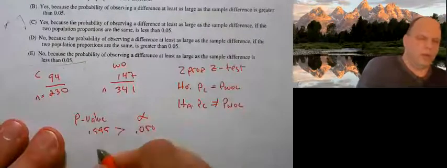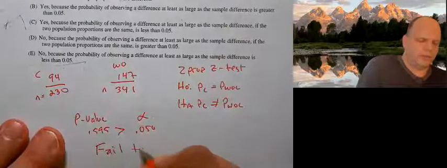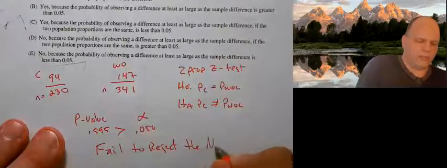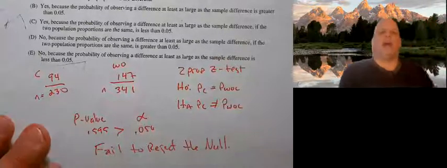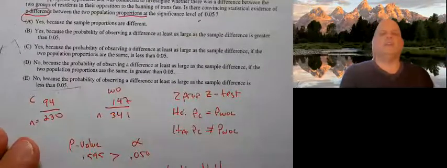This is greater, so we're going to fail to reject the null. Which means there's not sufficient evidence. So, is there convincing statistical evidence?